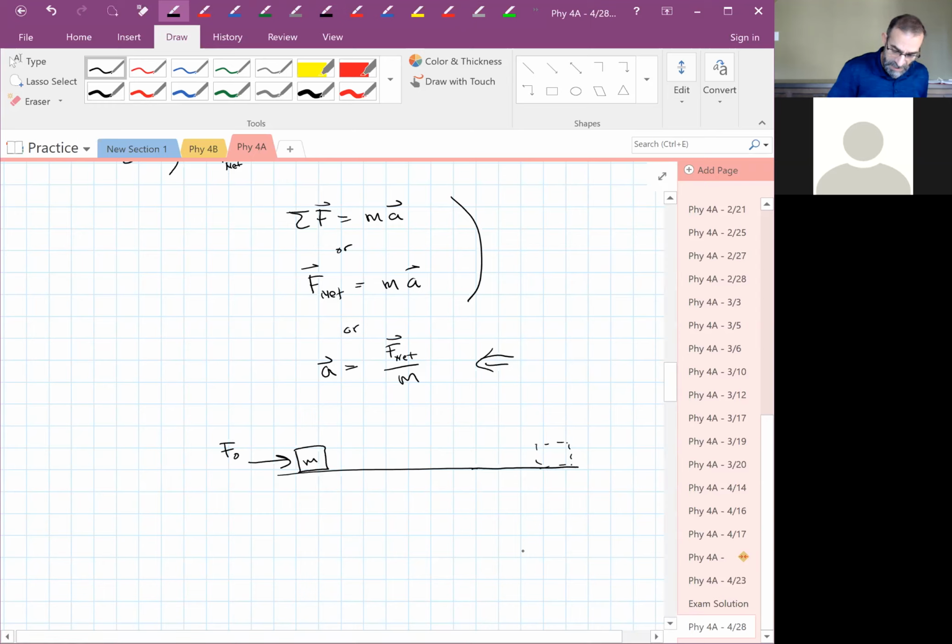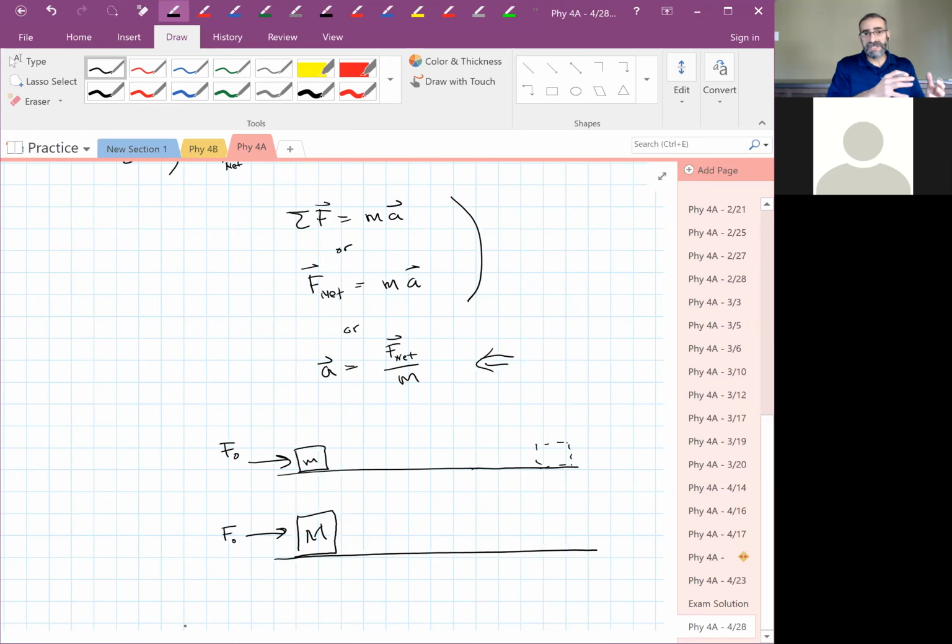Now I do the same thing with the bigger, heavier object. I exert the same force on that. That object starts to move, and then friction slows it down and stops it. Where's this one going to end up? Maybe here, right? I didn't get the same acceleration.